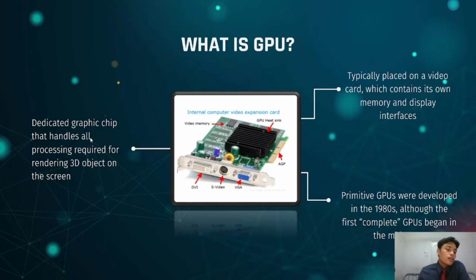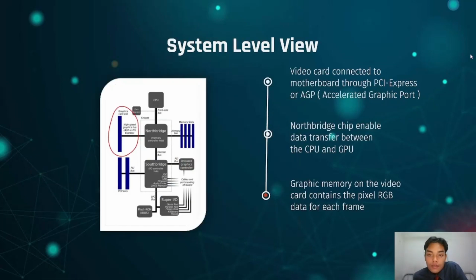Second, it is a dedicated graphic chip that handles all processing required for rendering 3D graphics on the screen. And the last one, we have the brief history of the GPU architecture. Primitive GPUs were developed in the 1980s, although the first complete GPUs began in the mid 1990s.